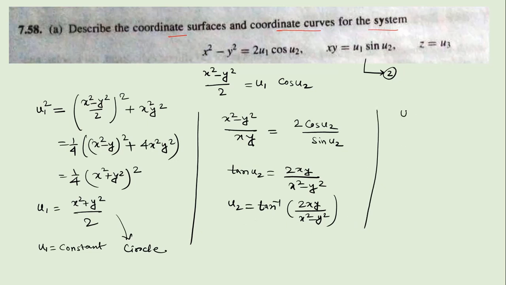And u3 is nothing but z. So for constant u3 this is a plane, this is a circle, and this is the tan inverse. You know the graph of the tan inverse, it passes through like that. So these are the curves of the coordinate system.